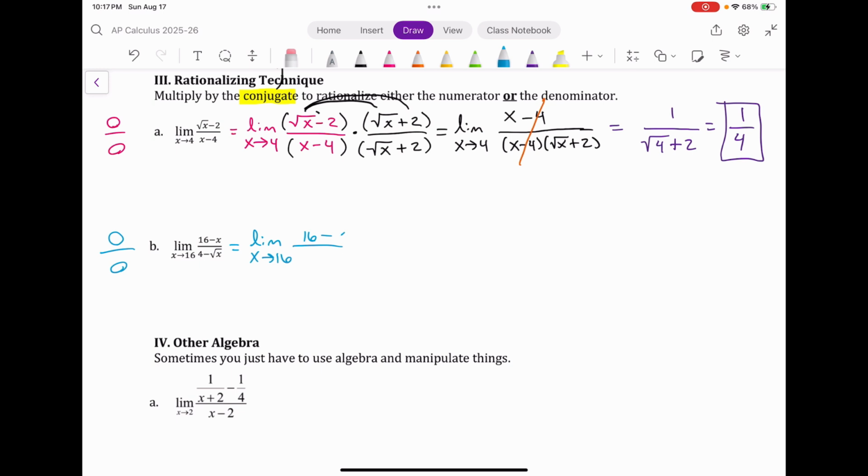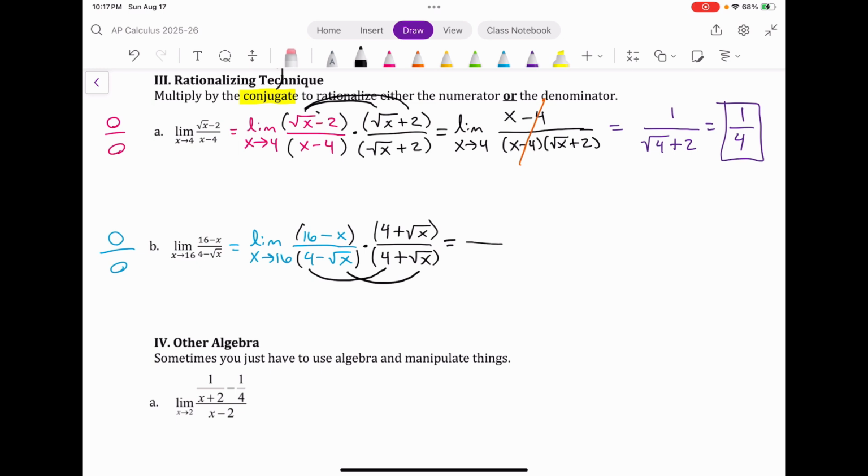So I'm just rewriting the function. And we're going to multiply the fraction by 4 plus root x on top and bottom. All right, so we are only going to multiply the line with the conjugate.